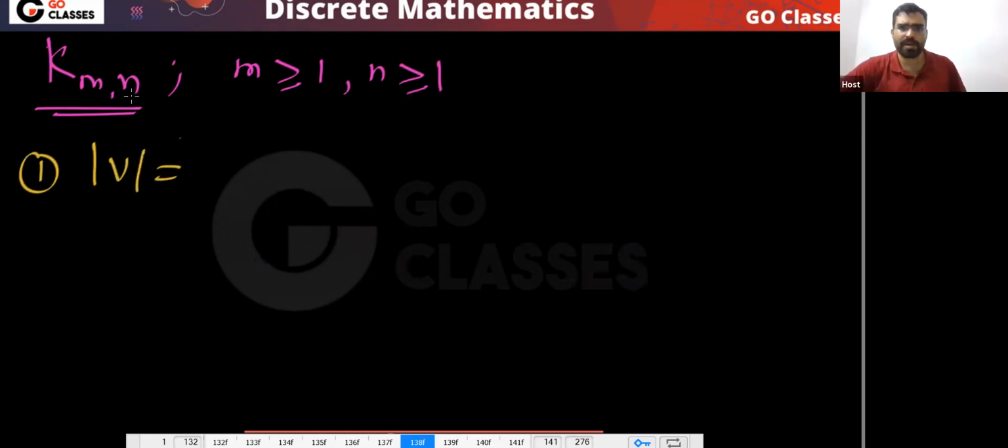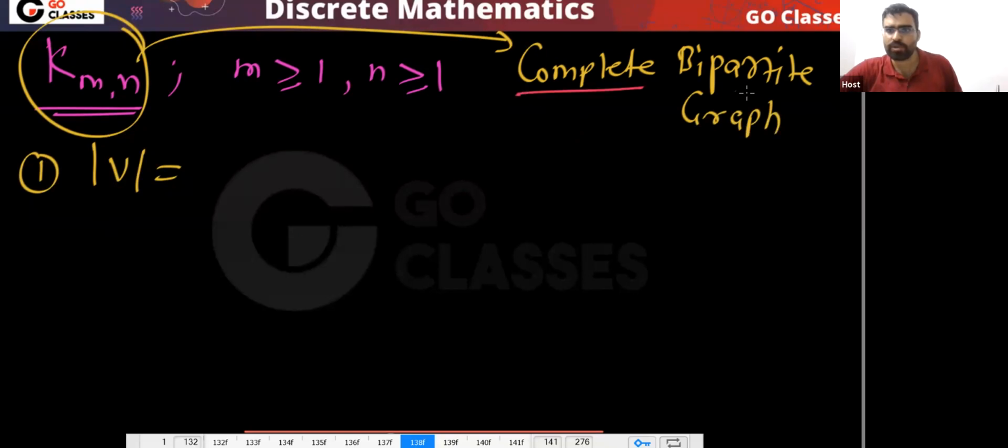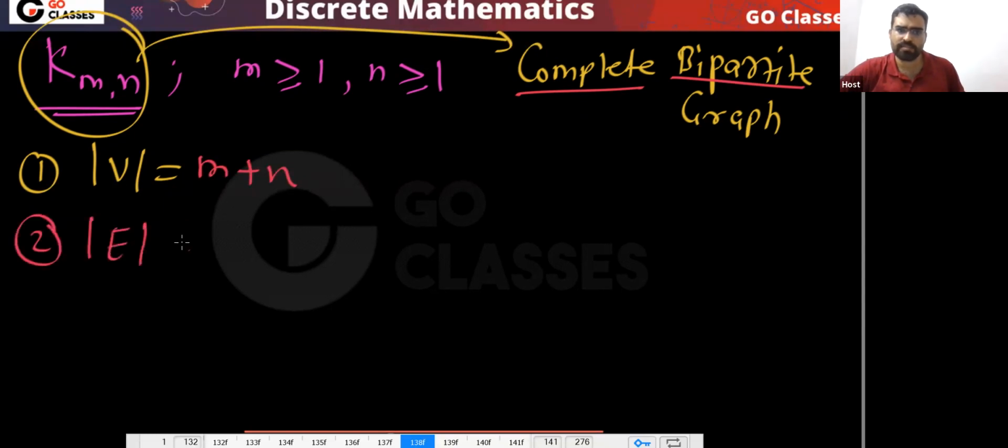This is complete and bipartite, so the number of vertices will be M plus N. What is the number of edges? Every vertex in this part is adjacent to every vertex in this part, so that will be M times N.